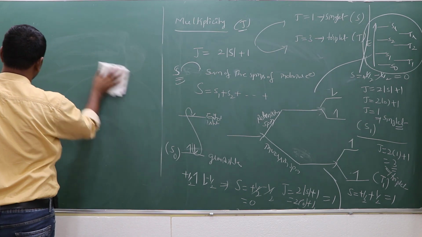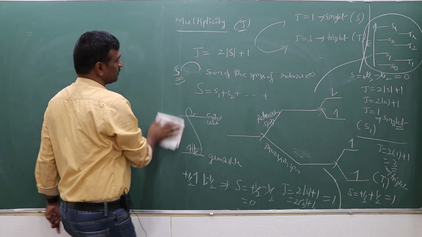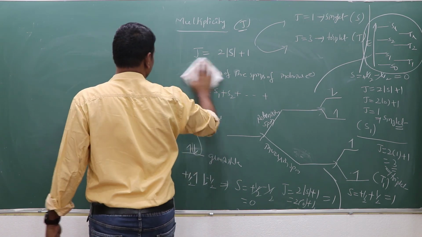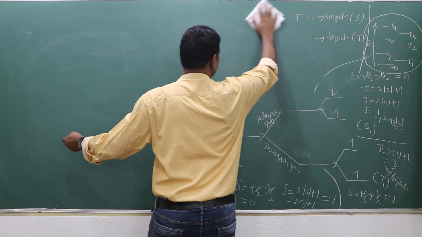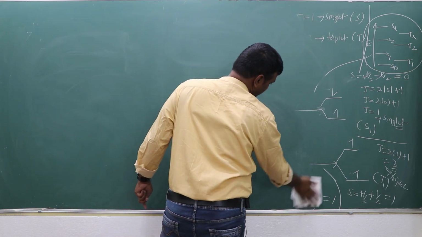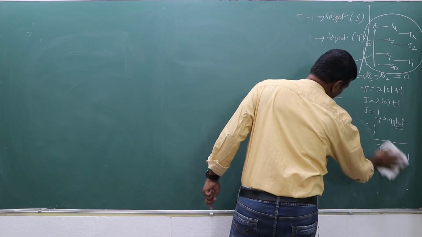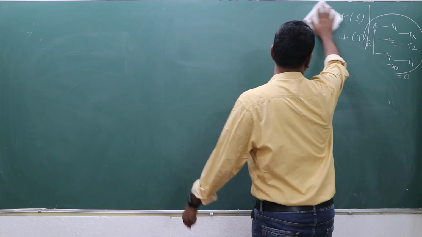the electronic transitions which are possible. This is also one of the rules that further governs the electronic transitions. That means which one is allowed and which one is forbidden. Forbidden means it has a low intensity band.